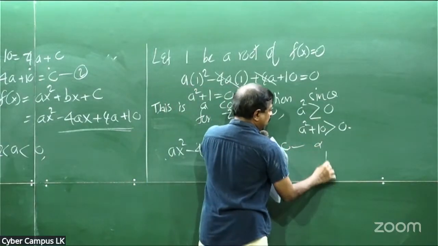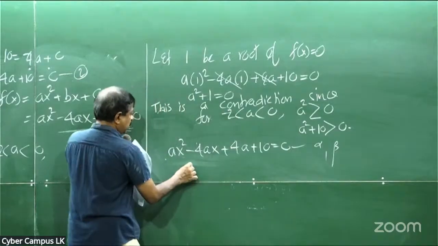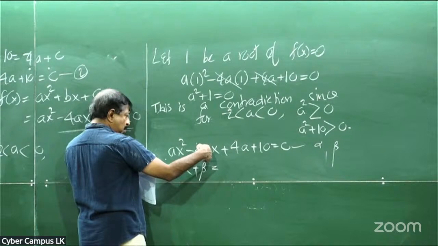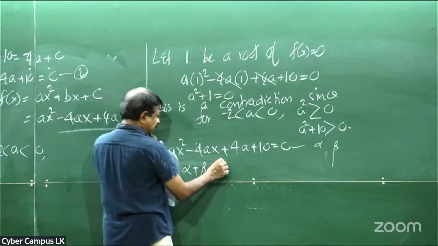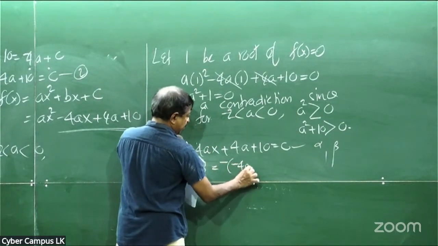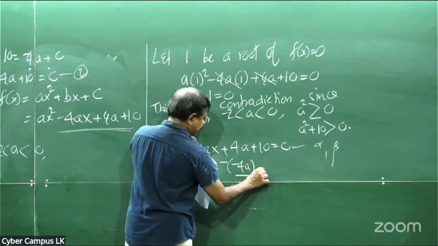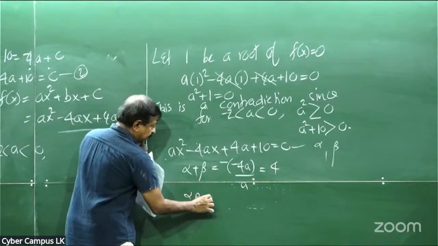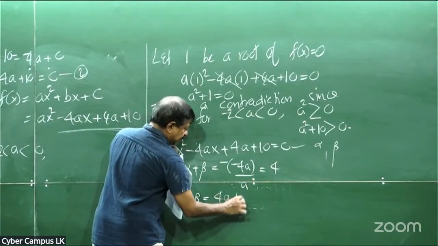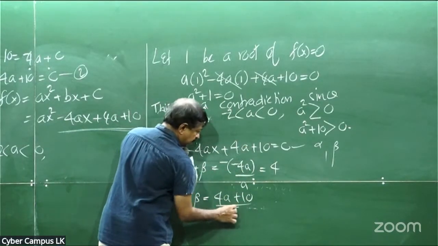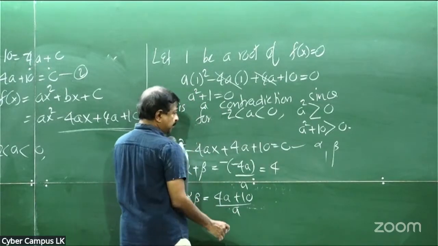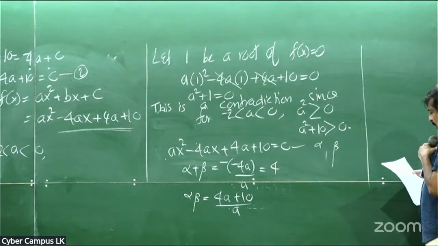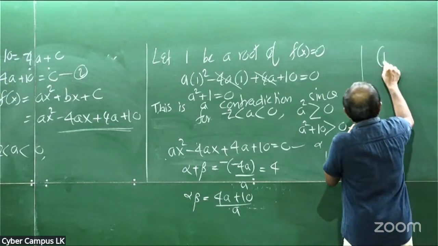If the roots are alpha and beta, alpha plus beta is minus of this divided by a. So it is 4. Alpha beta is 4a plus 10 divided by a.